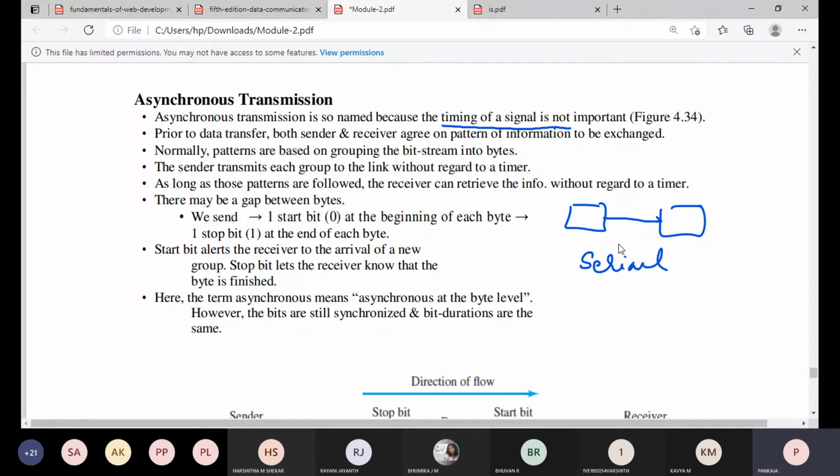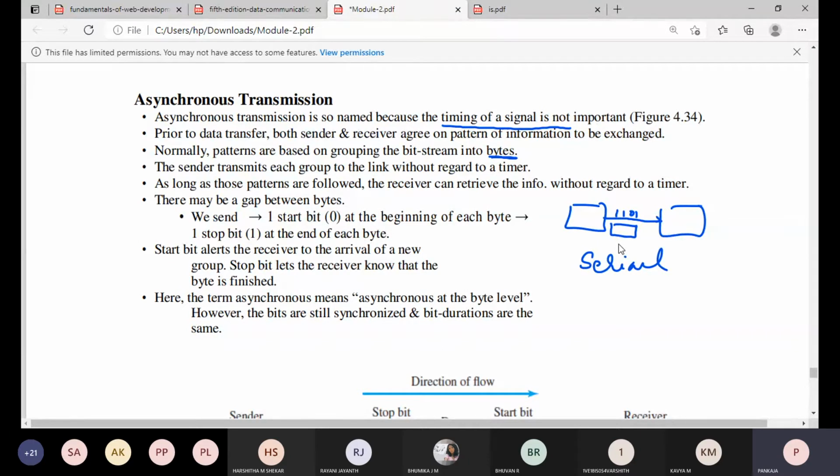Serial transmission means it is going to send one bit at a time. Now to achieve asynchronous transmission, we need to make a group of bits, grouping the bit stream into bytes. Each time one byte of information, that is 8 bits, is sent. That should be received at the receiver side.